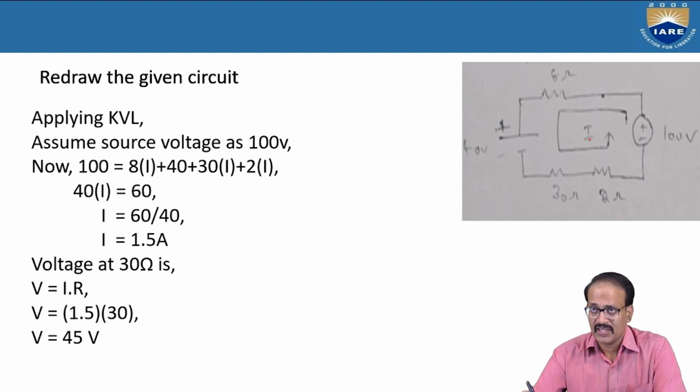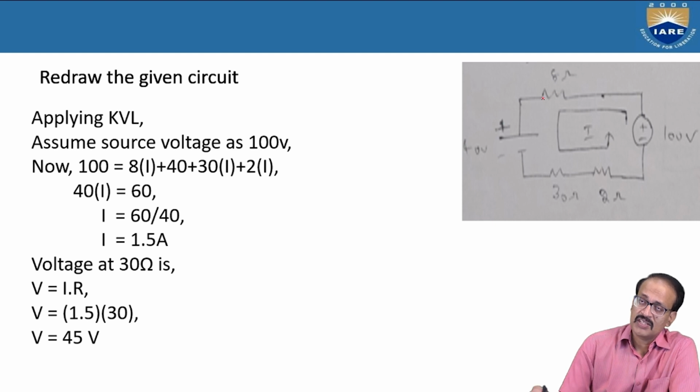With the help of this I, I know the current, that is an assumption, and I know the resistance, that is 8 ohms. So according to Ohm's law, I can write the voltage. V is equal to IR. I cannot directly write V, but I will write it in the indirect form.